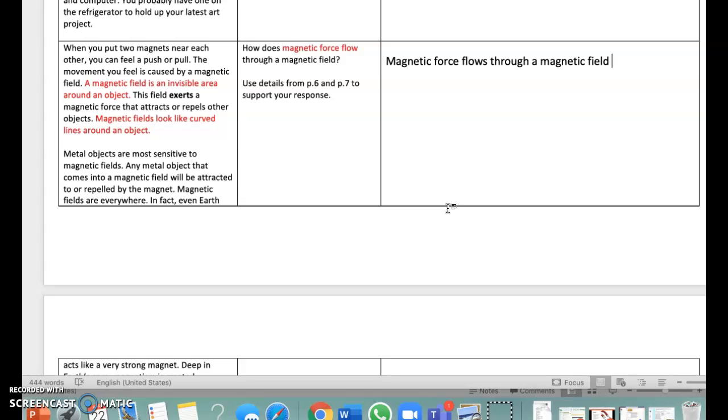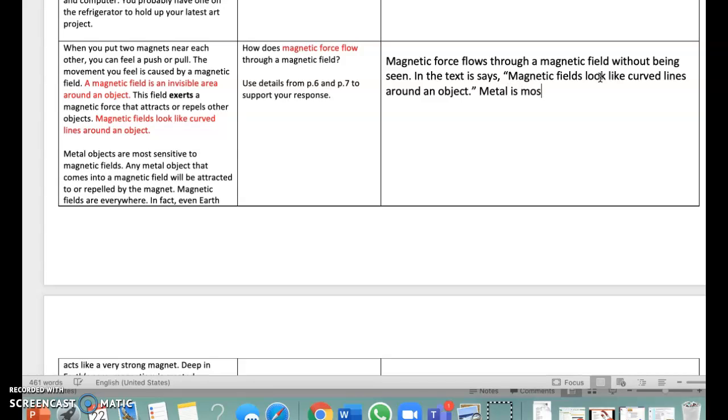Those are some interesting ideas. Yeah, the magnetic force flows through a magnetic field without being seen. That's true. You can't see it. I'm going to quote from the text. In the text, it says, the magnetic fields look like curved lines around an object.